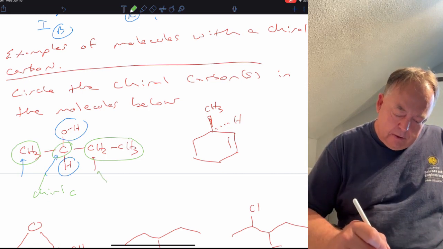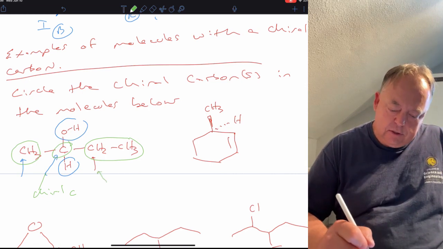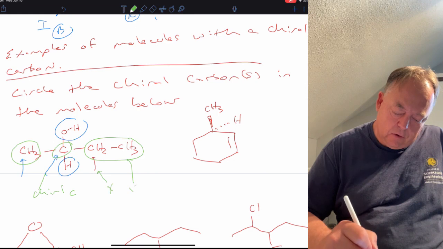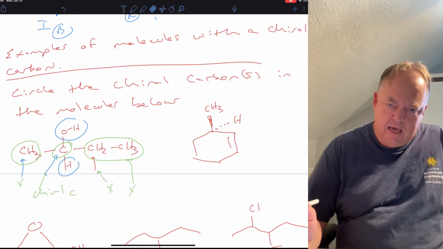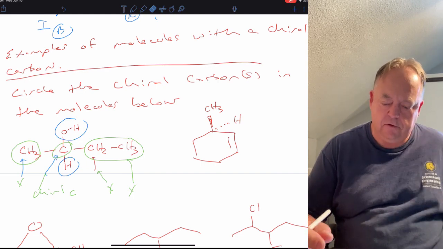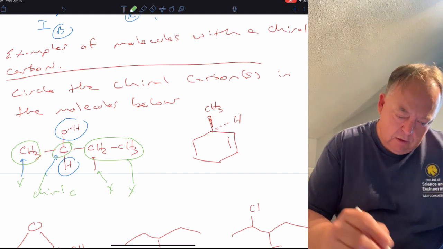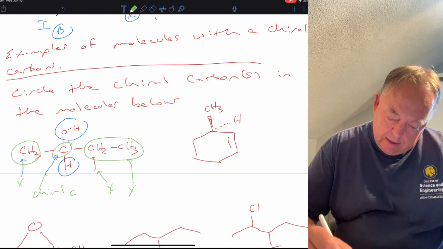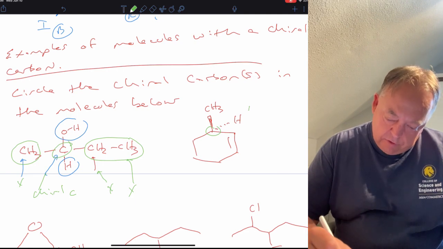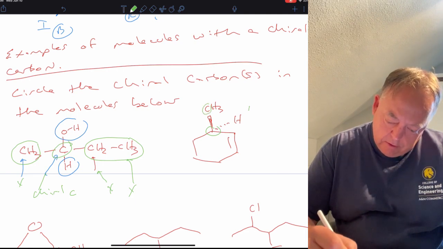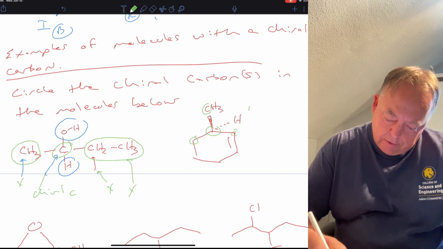And then this carbon is not chiral because it's got 2 hydrogens on it, and this carbon is not chiral because it's got 3 hydrogens on it. If it's got 2 of the same things, it cannot be chiral. It must have 4 different things. Okay, so the next molecule, that carbon is chiral because it's got a hydrogen. That's one thing. The next 3 things are carbon, carbon, and that's a carbon, right?